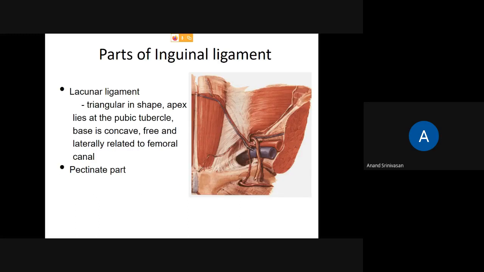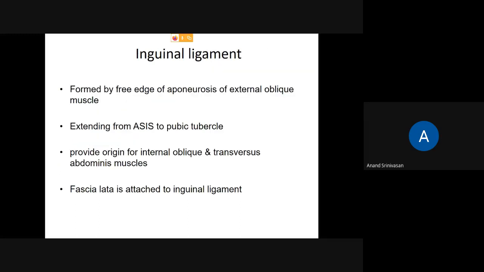Now the inguinal ligament. As I said before, the inguinal ligament is formed by the free edge of the external oblique aponeurosis, and it extends from the anterior superior iliac spine to the pubic tubercle.